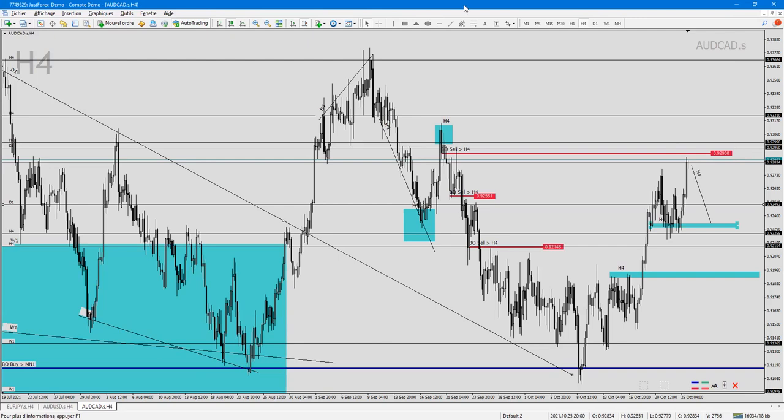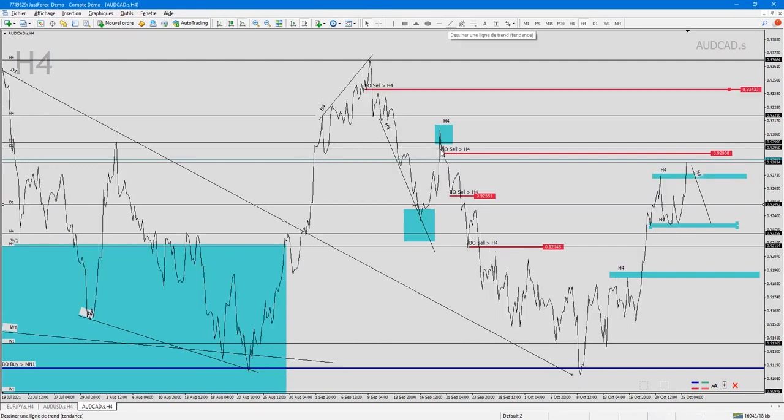What about the H4 breakout? For the H1 breakout, oh, this one. After price rejects, if price rejects, I will place my target here.